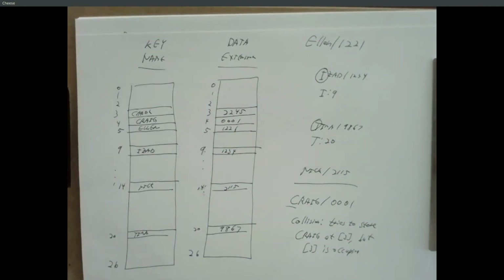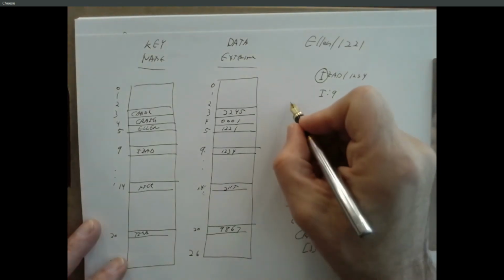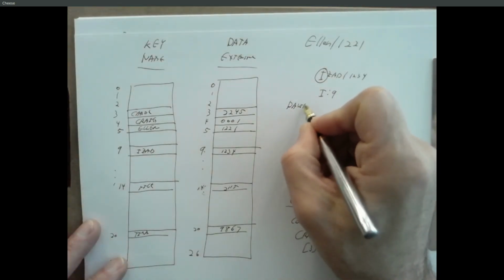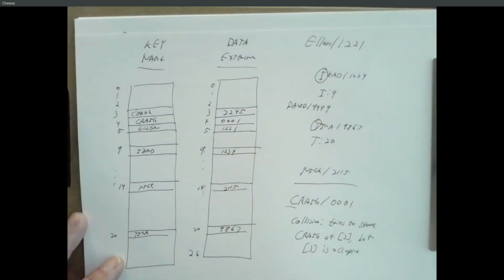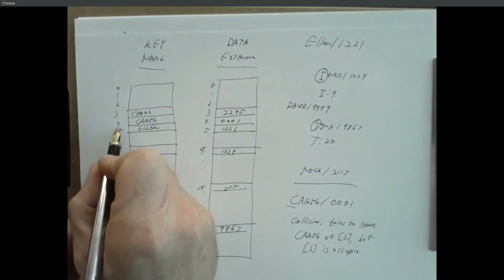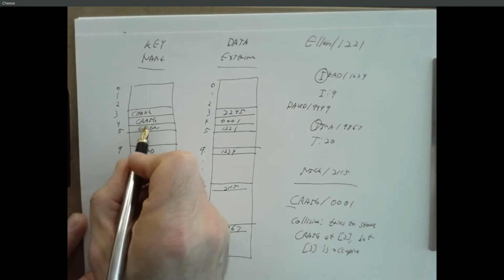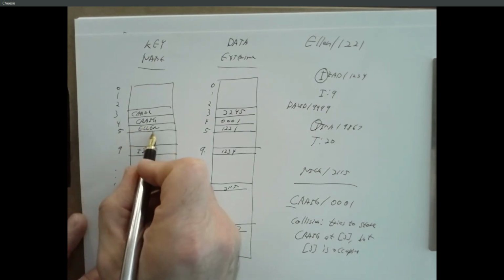First thing, you have a problem if you get David or Cat. So let's do David. David, D, that's a 4, comes down here. 4 is occupied. Let's put David in the next spot. Well, the next spot is occupied. That's Ellen.